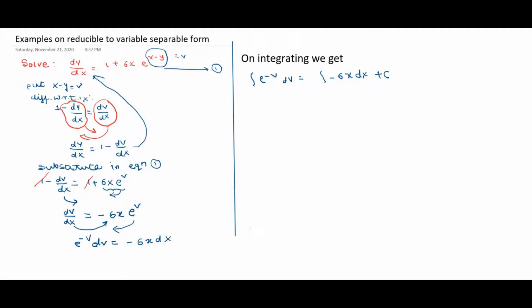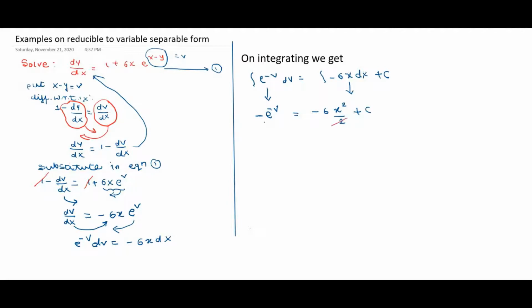So what is integration of e raised to minus v? Integration of e raised to minus v is equal to e raised to minus v divided by minus 1. So total you will get minus e raised to minus v, and this is equal to minus 6 is constant. Integration of x is x square divided by 2 plus integrating constant c.